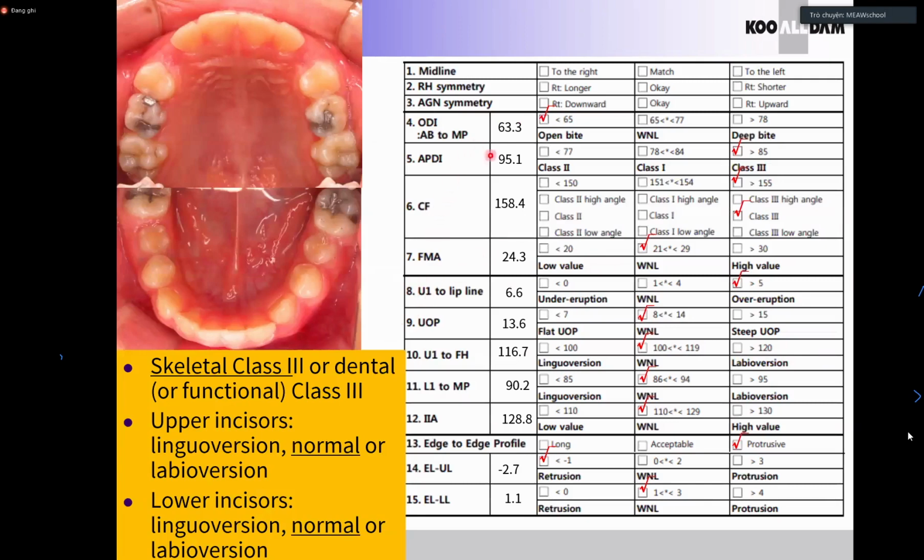For this patient, APDI 95 means skeletal class 3 malocclusion. How about the upper 1 to FH? 116, this is normal. Lower 1 to mandibular plane angle is 90. This is also normal.